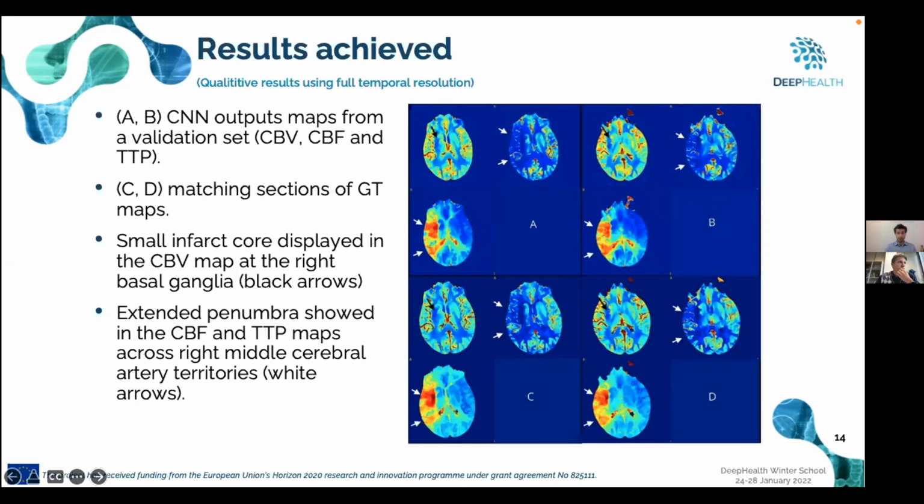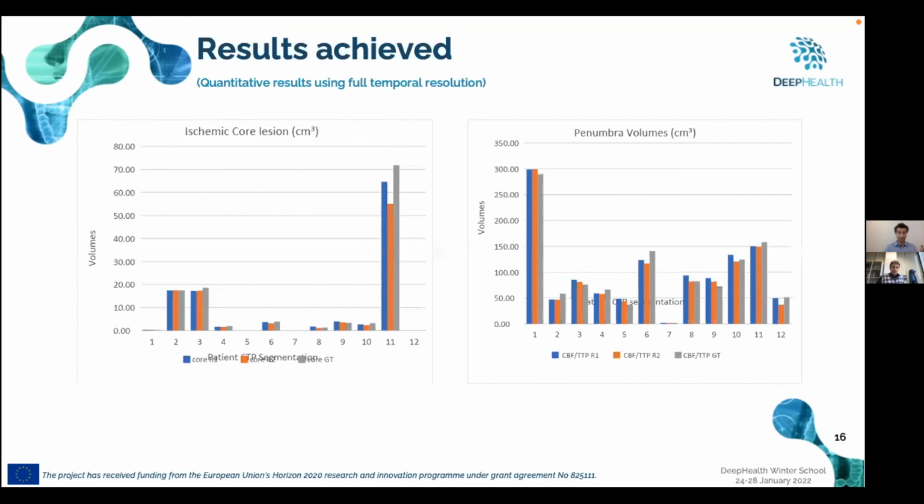We have done more. We asked 2 doctors independently to segment the ischemic core and the penumbra area, and then, to avoid any source of bias, we asked a 3rd one to parse out the results. And here are the results we have achieved. Of course, here we present results as volumes for both the ischemic core and the penumbra volumes for 12 different cases in a test set taken aside, and we see that the areas are very similar to each other.